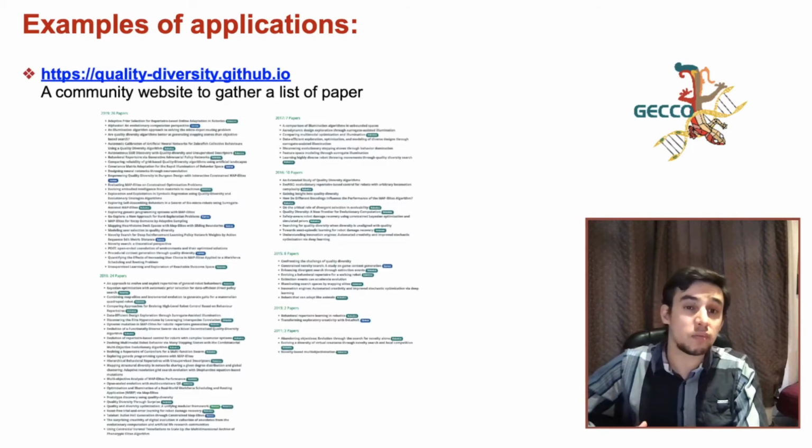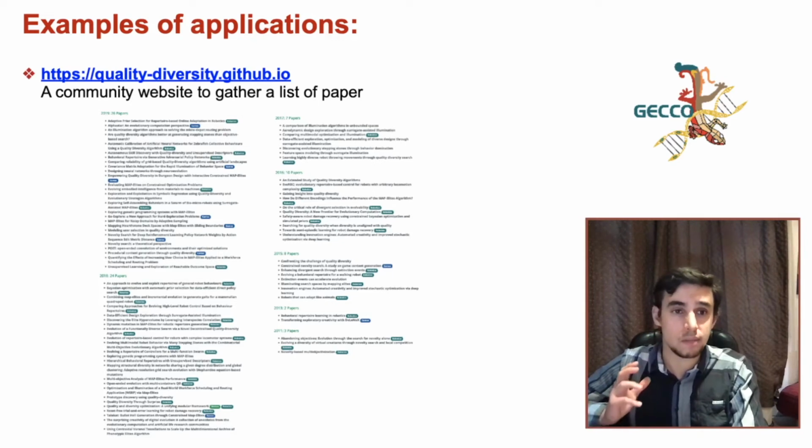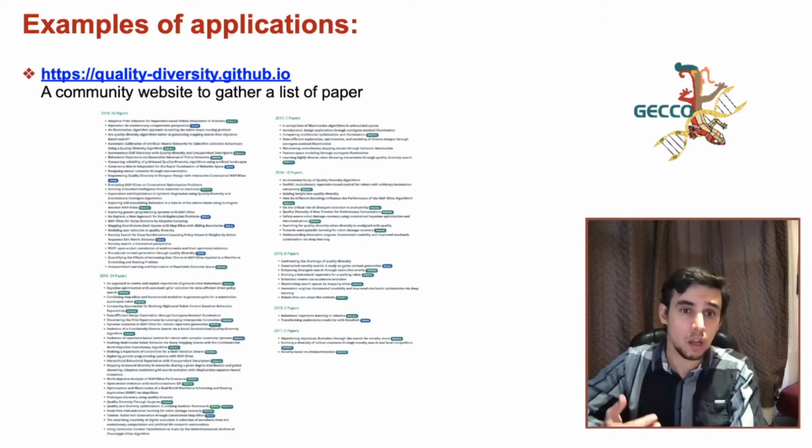There are many more examples that unfortunately I cannot cover in this tutorial, but we have set up a website called qualitydiversity.github.io. It's meant to be a community website where everything is based on a GitHub repository. It's based on independent GitHub organizations, and anybody is welcome to join if they want to contribute.